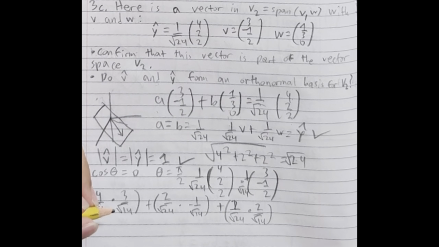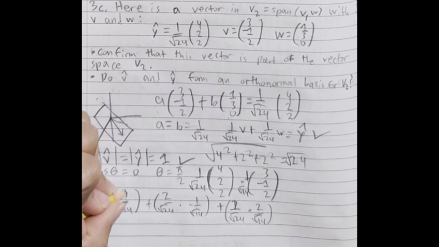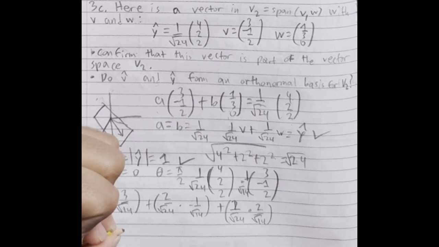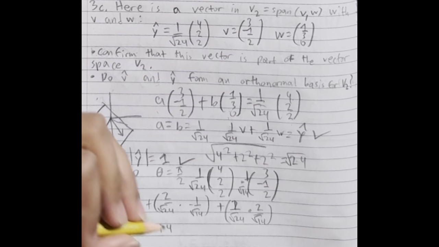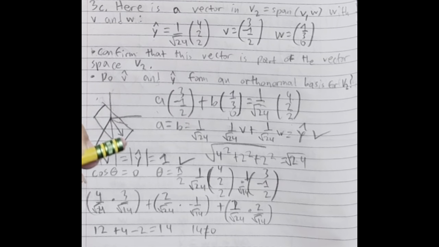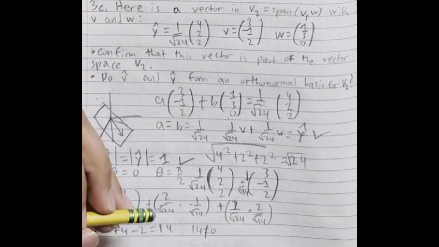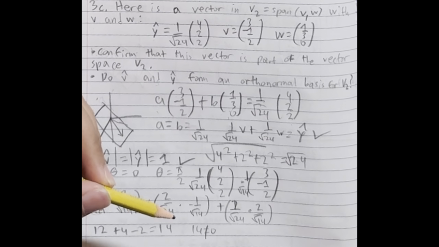And you'll see here that these are going to have the same denominator. And so because we need to see if these will add to 0, 12 minus 2 plus 4 is going to give us 14. And so 14 is not equal to 0. Therefore, these two vectors cannot be orthonormal because one of the conditions is not met, where they are perpendicular to one another. And so the main answer is going to be no, they do not form an orthonormal basis.